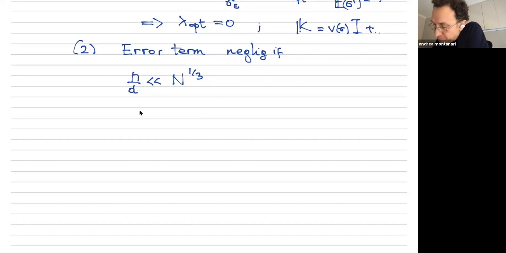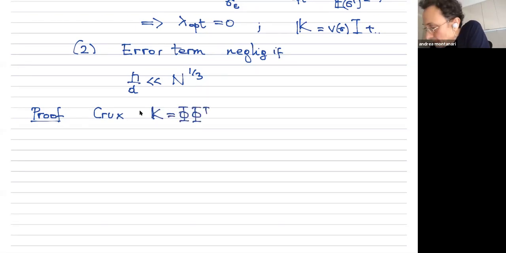A few words about the proofs. The crux really, as I tried to mention, is to control the kernel matrix.